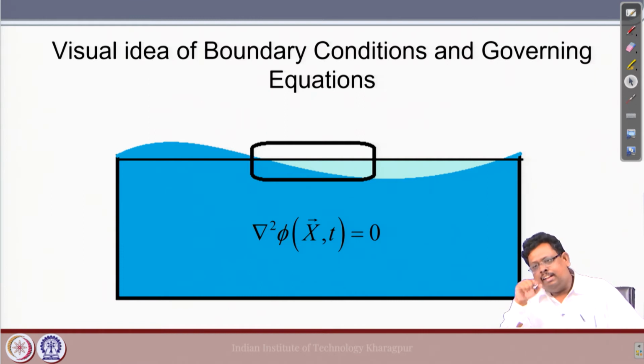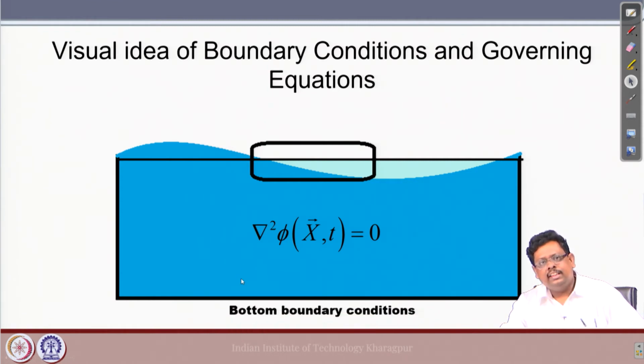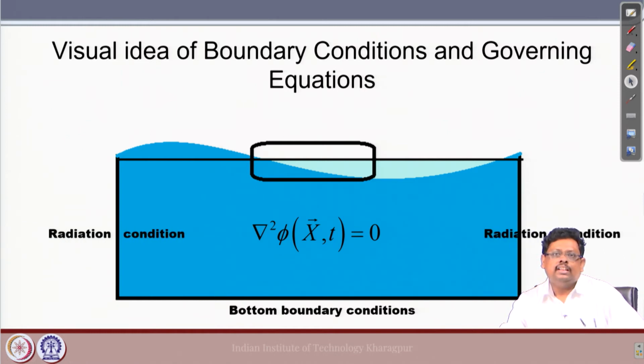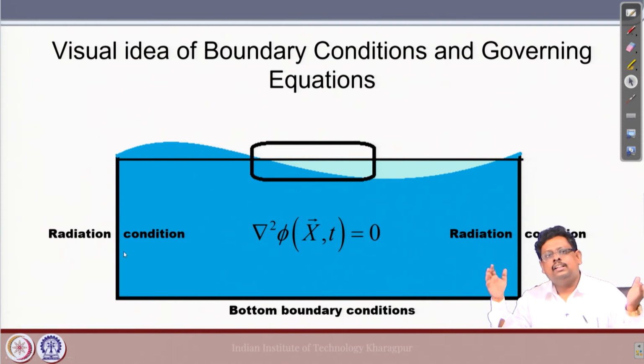And then let us see the boundaries. You can see here I have made the boundaries as black lines, right. Now, let us find out what those boundaries are. This bottom part we can call the bottom boundary surface, where you can apply the bottom boundary condition. Now, these two parts you can say a radiation condition applies, because it is a far field.